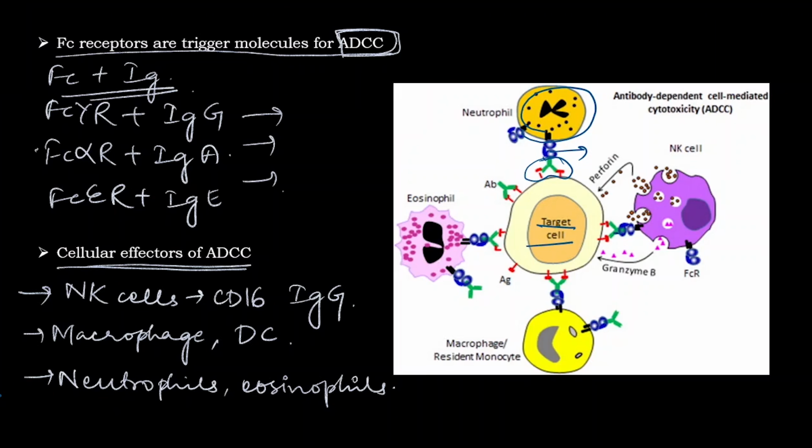It is also interacting with the NK cell. After interacting with these receptors, there is signaling inside the NK cell, and that will further release different mediators like perforin, granzymes, tumor necrosis factor. So different cells like eosinophils and macrophages are there.